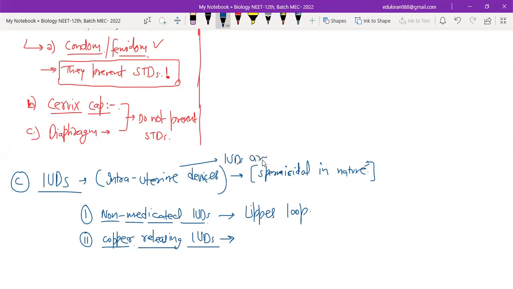IUDs are inserted by medical professionals, a doctor or a nurse. Till the time IUDs are inside the body, they will be effective. And if a female wants to plan a child, she can just get these IUDs removed. But for barrier methods, whether it's condom, femidom, cervix cap, or diaphragm, medical supervision is not necessary. Is it clear?